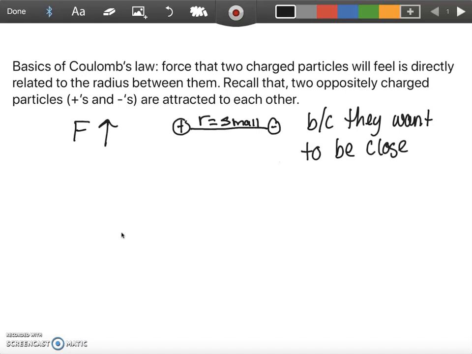On the opposite end, however, if the distance or radius between two oppositely charged particles is large, then they will experience the smallest force of attraction.